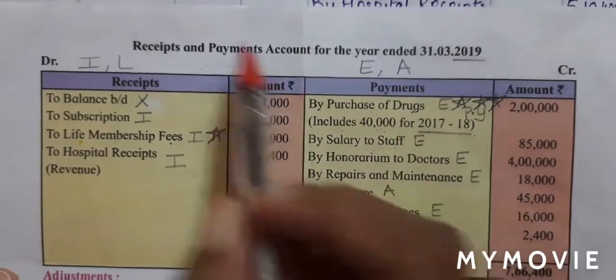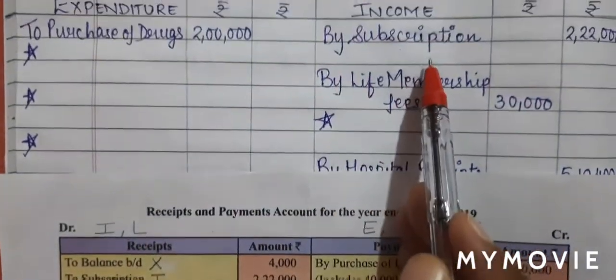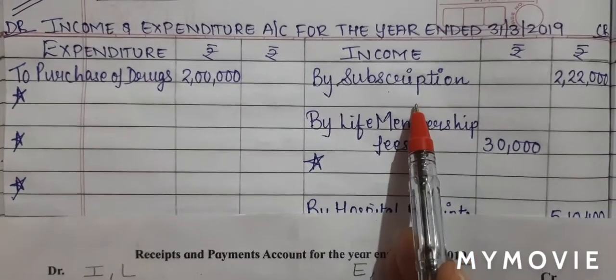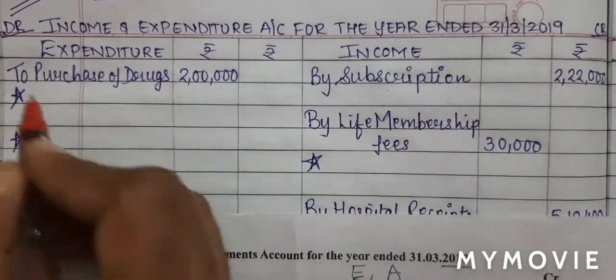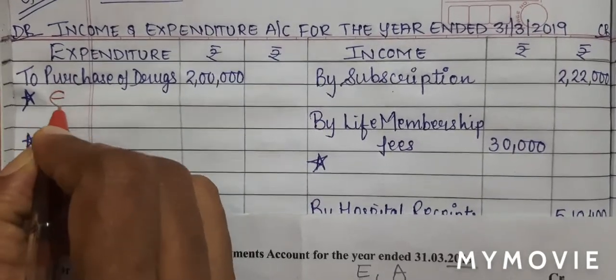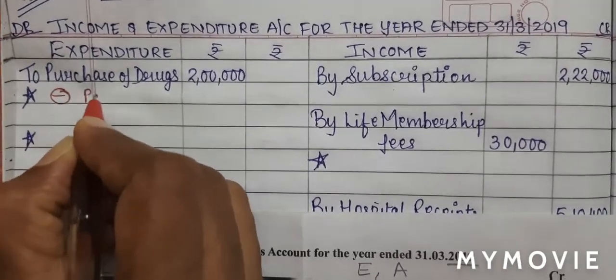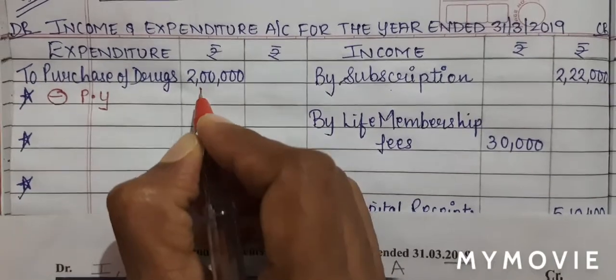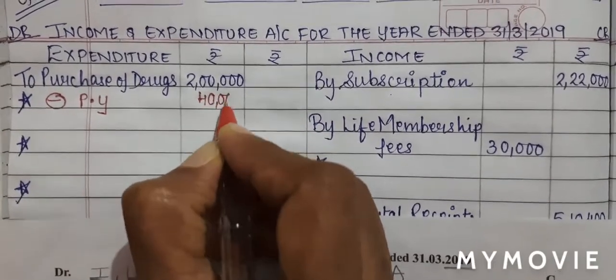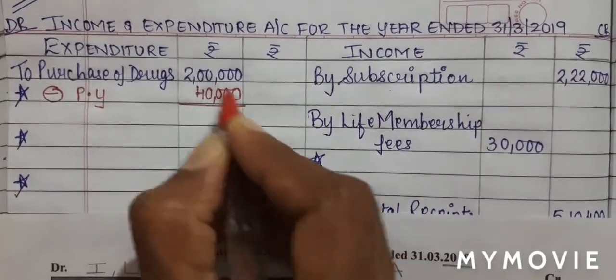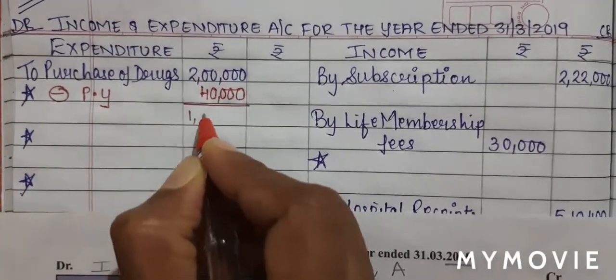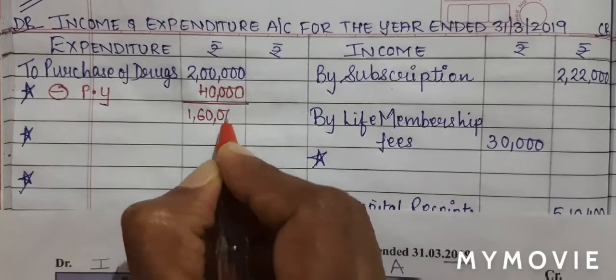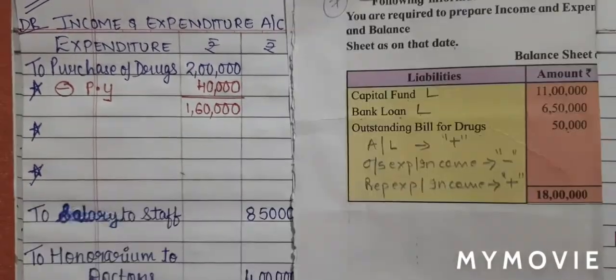You know, students, the income and expenditure account is prepared only for the current year. So if it is related to the previous year, I will have to minus. So I'll say less for previous year, which includes 40,000. So from 2 lakh, I'll minus 40,000. I'll get 1,60,000 still in the inner column.